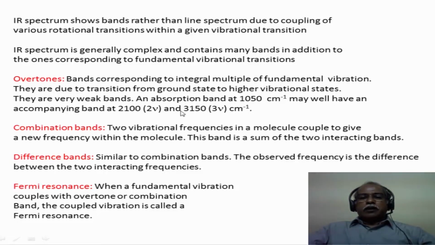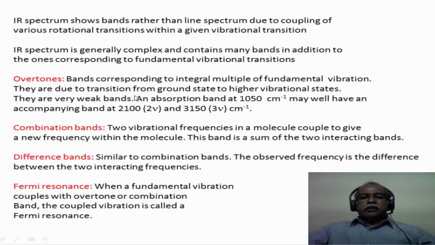So these bands can also appear along with the 1050 band. The 1050 band of course will be the most intense band. As you progress from the second harmonic to the third harmonic, the intensity falls, and the band width also keeps increasing as you go from the fundamental vibration to the higher harmonics.